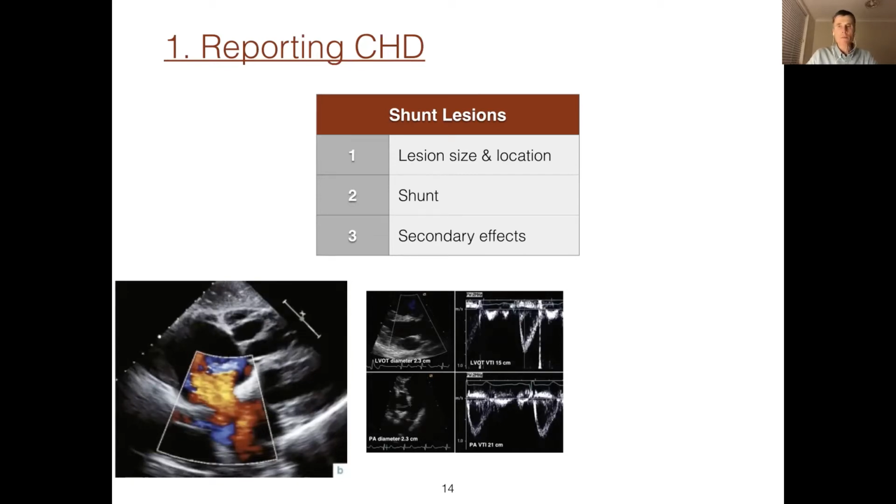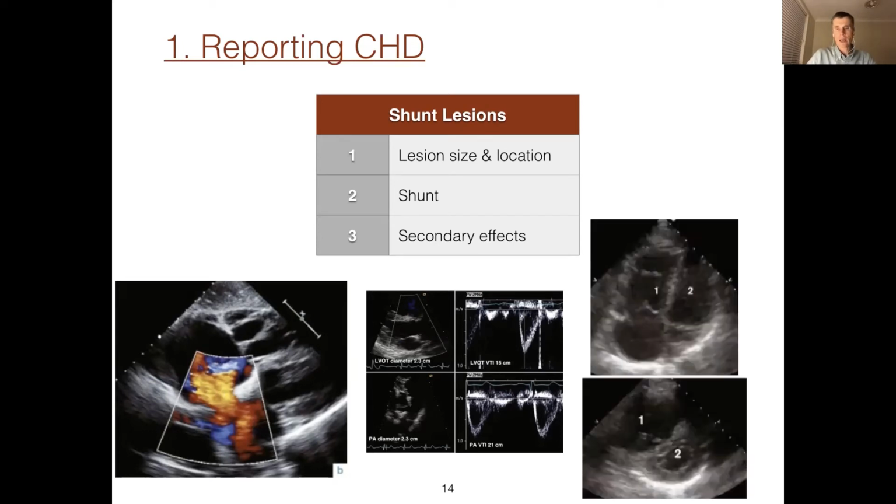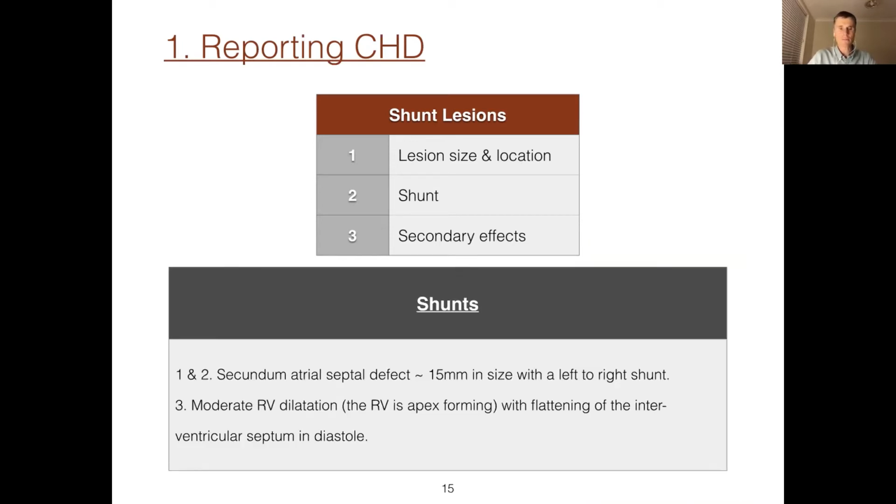Obviously it's important to get as much accurate information as you can. So measure the defect with the color off. You might want to use color until you position the calipers so that you can see where it is, and then once the calipers are in place, turn the color off and make the measurement then.